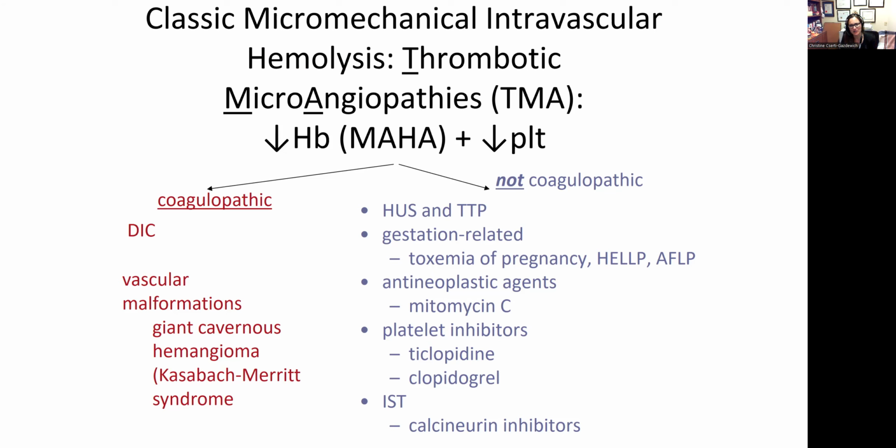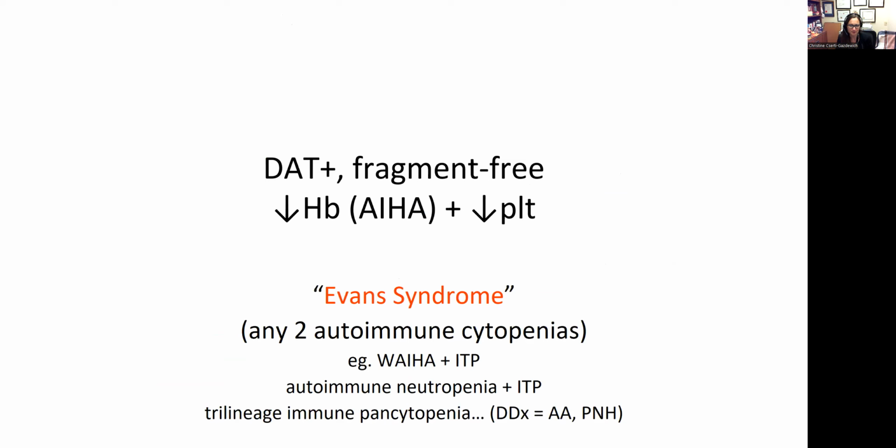Certain platelet inhibitors can cause fragmentation states, and calcineurin inhibitors too, like tacrolimus or cyclosporin. We defined Evans syndrome earlier. Evans syndrome is classically a DAT positive immune hemolysis with ITP. Okay, Evans syndrome showing up that way will give itself away with that positive DAT.